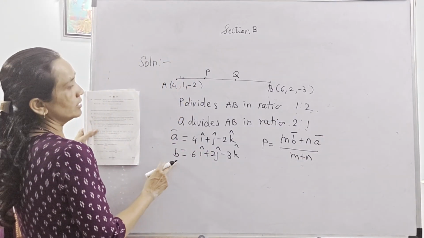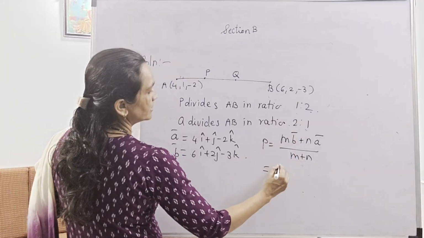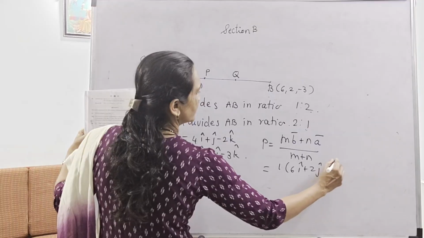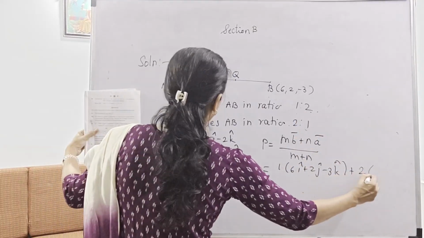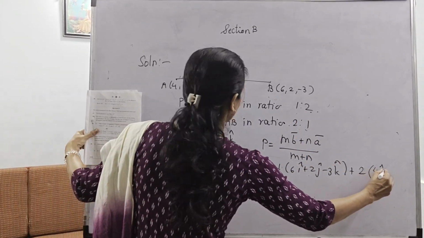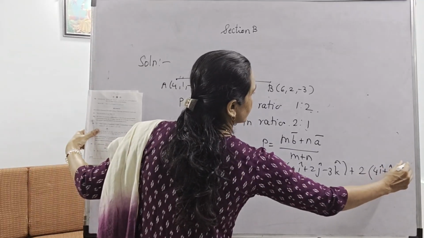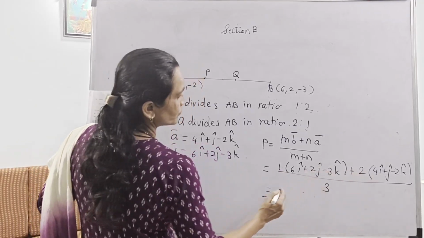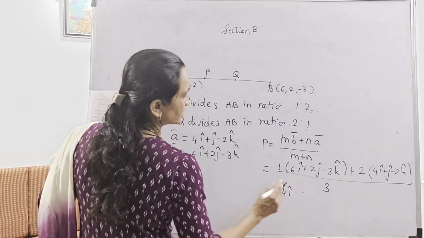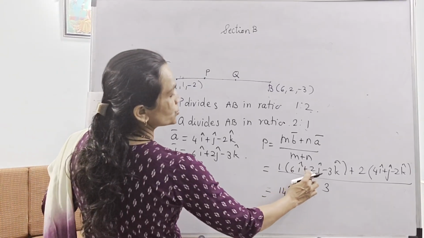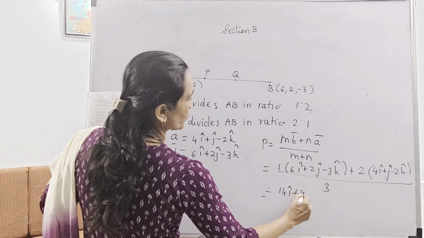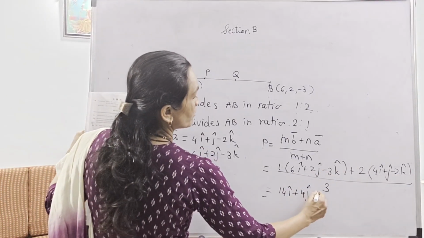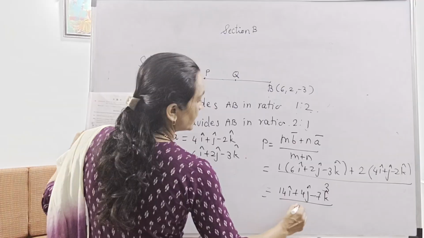So here m is 1: 1 times (6i plus 2j minus 3k) plus 2 times (4i plus j minus 2k), divided by 1 plus 2, that is 3. So 6i plus 8i is 14i, 2j plus 2j is 4j, then minus 3 minus 4 is minus 7k, divided by 3.